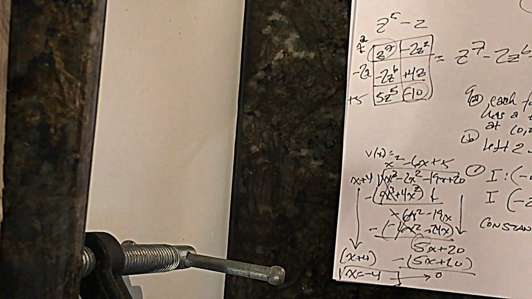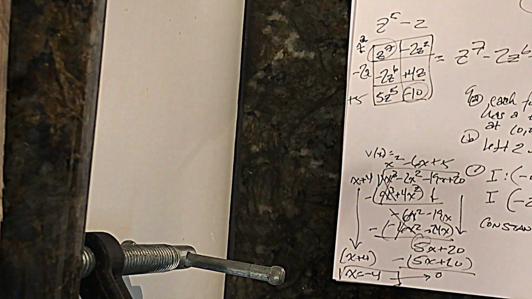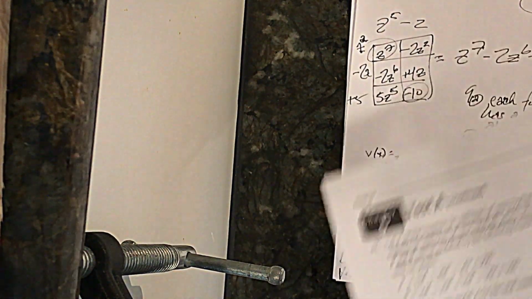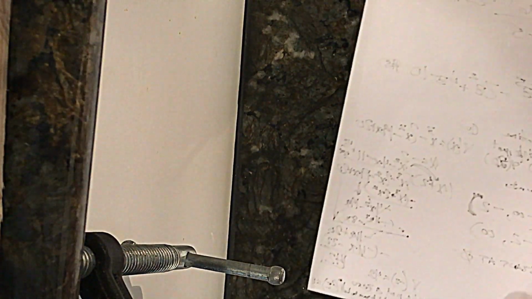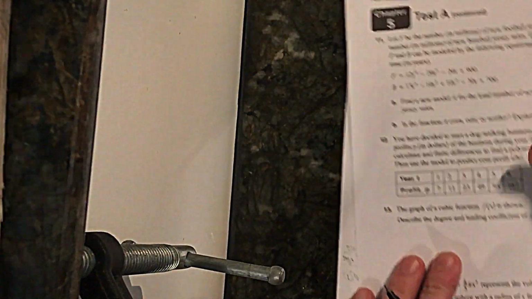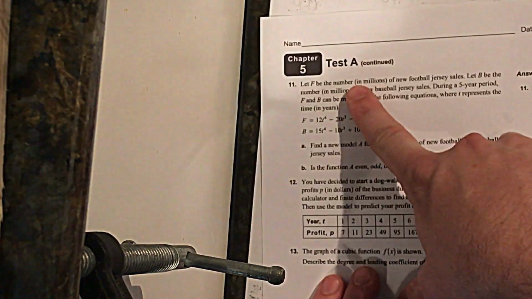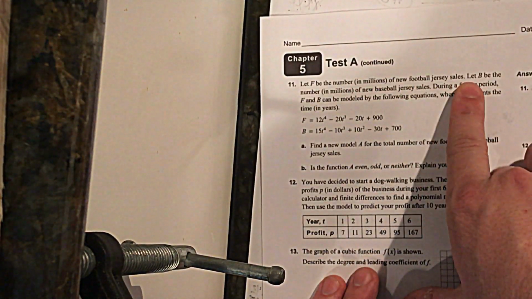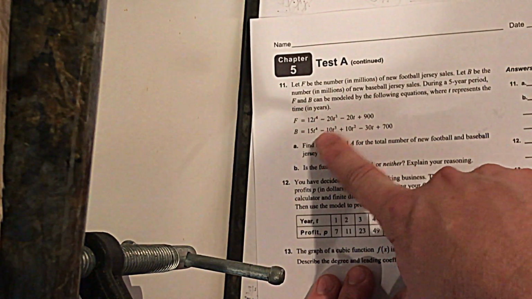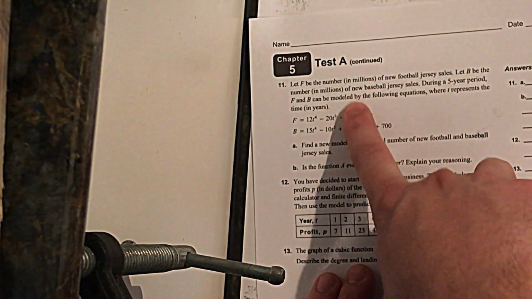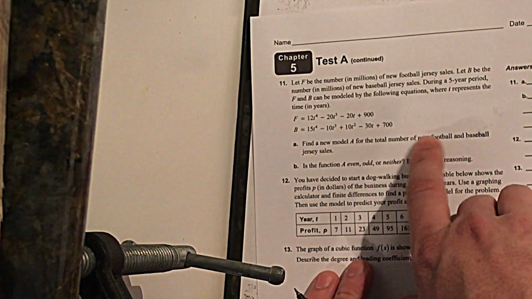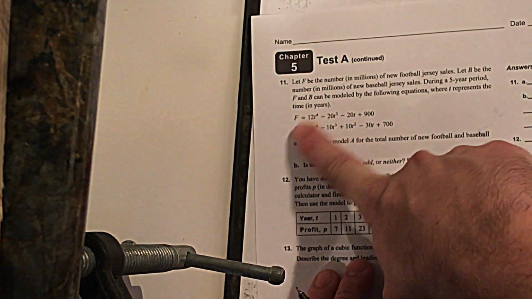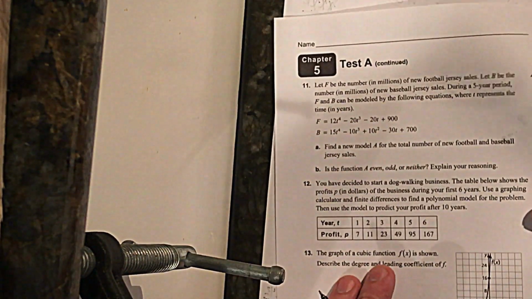Now let's go on to number 11. And we're in the last few problems now. Number 11 says, let the number of football jersey sales be F, and B is the number of baseball jersey sales. It says, find a model A for the total number of jerseys. So if we need to total this up, it's just an addition problem.